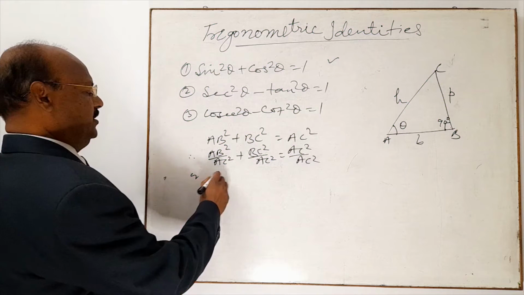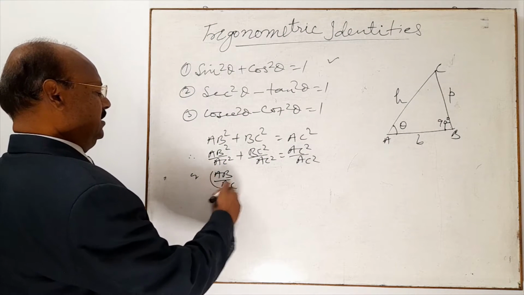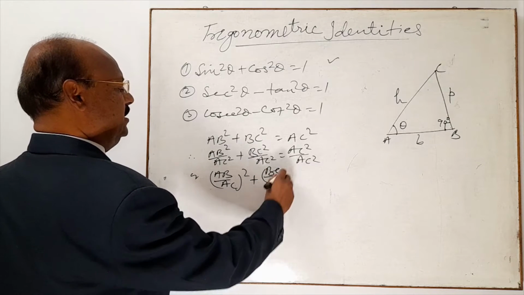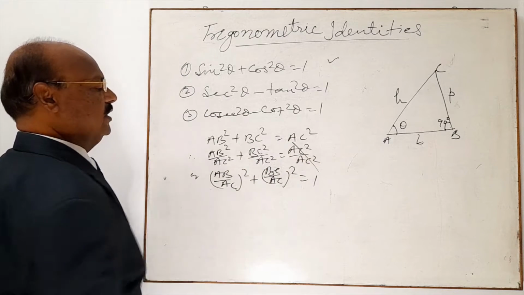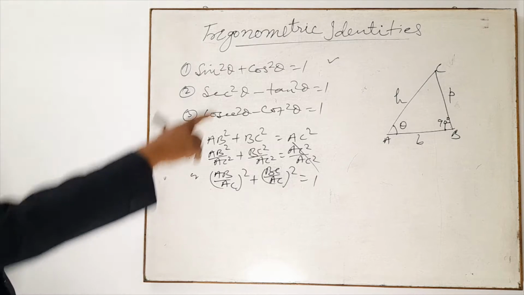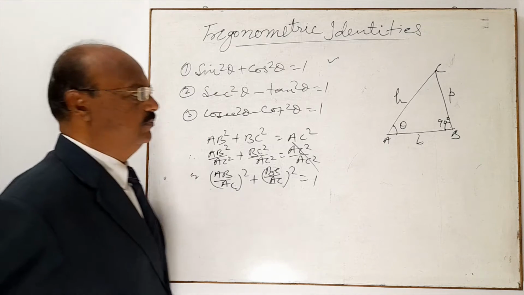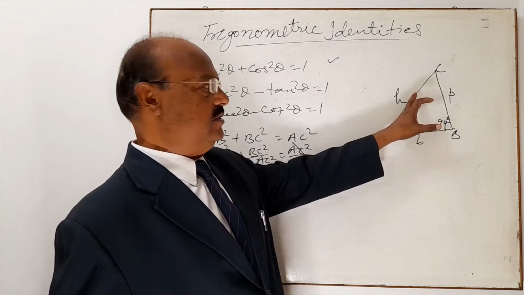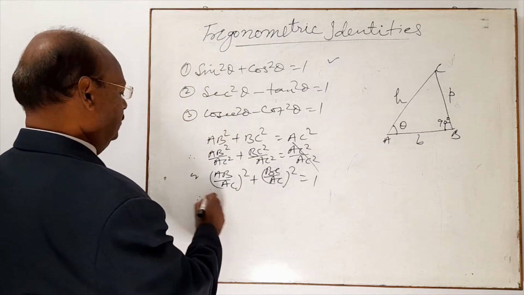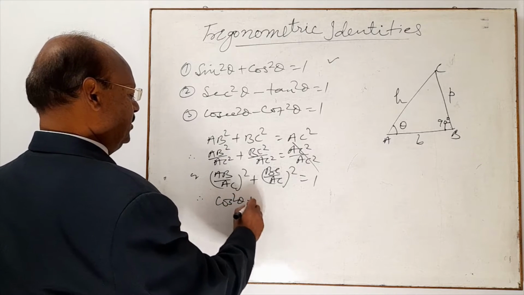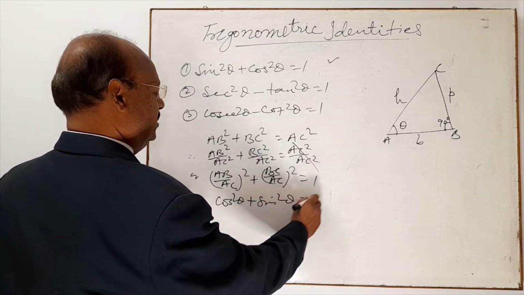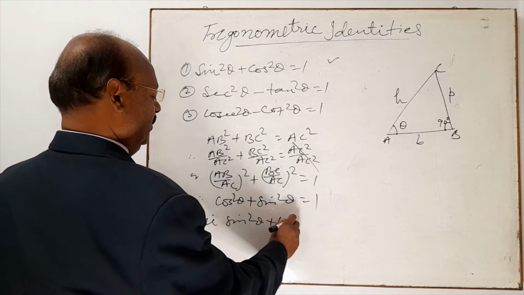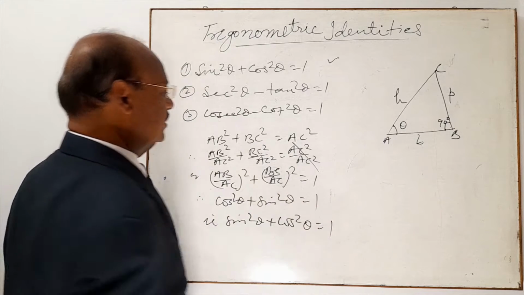Or we can write AB by AC whole square plus BC by AC whole square, this is 1. And you see this triangle, AB by AC, means base by hypotenuse, is cos theta. So therefore, we are getting here cos square theta plus sin square theta is equal to 1. That is sin square theta plus cos square theta is equal to 1.